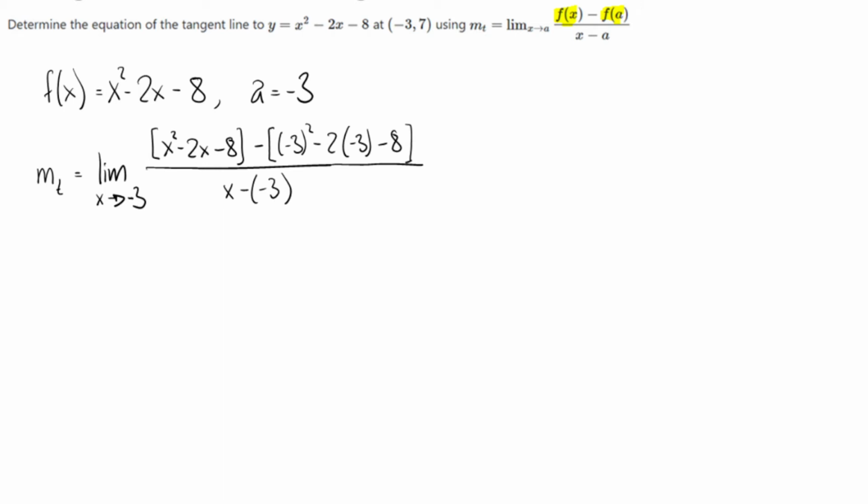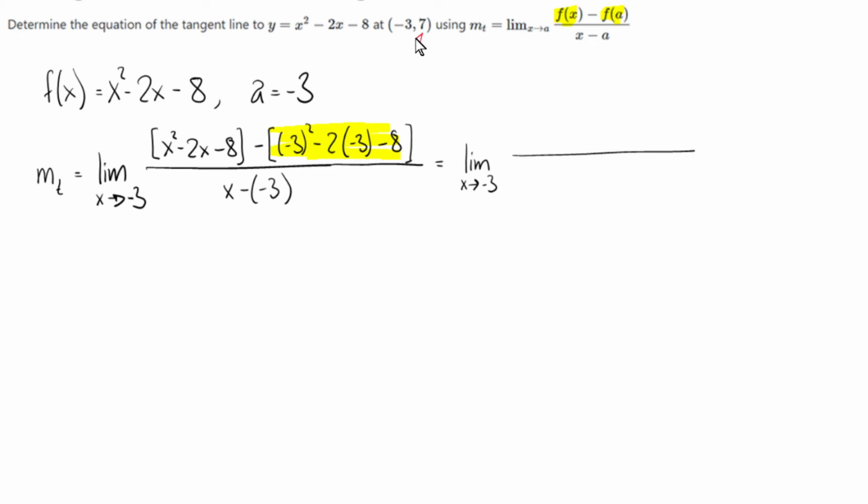Okay, we can simplify this expression. So it's going to be the limit as x tends to -3. Now in the numerator, this expression here, that's your f of a, that represents the y-coordinate at the point of tangency. Well, we can certainly evaluate this, but we already know what the y-coordinate of the point of tangency is.